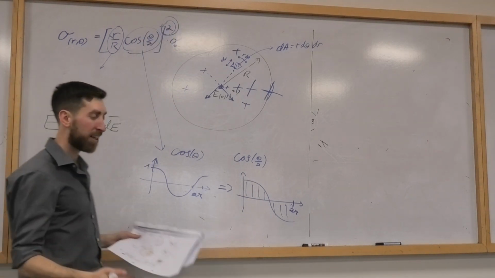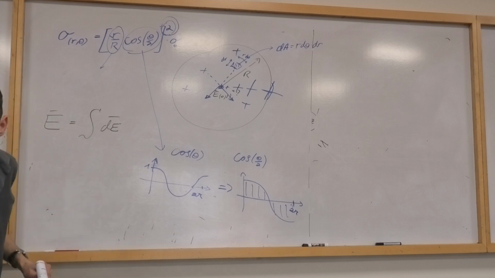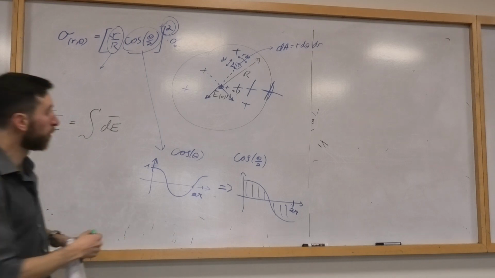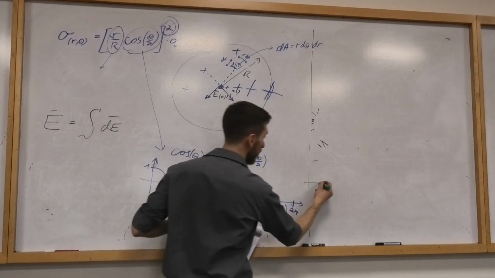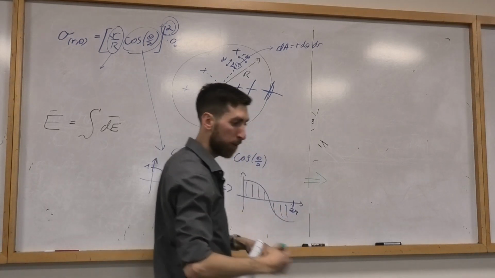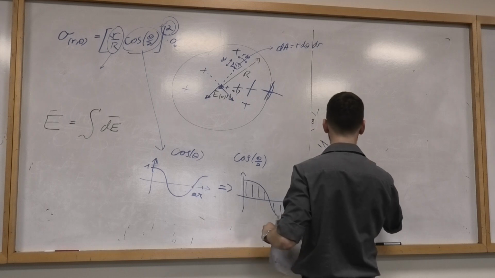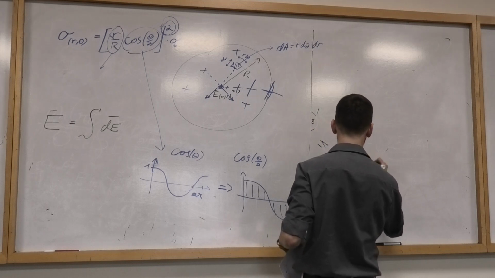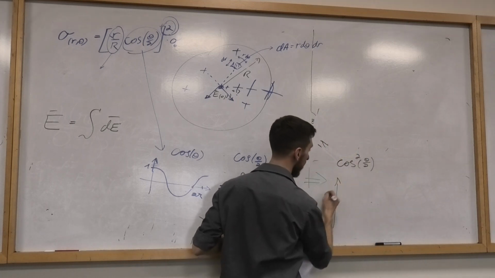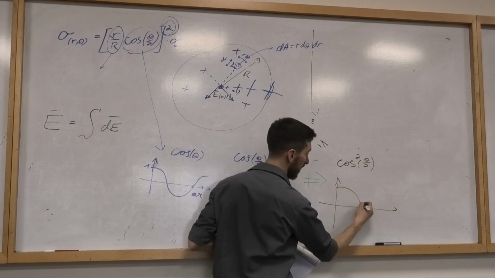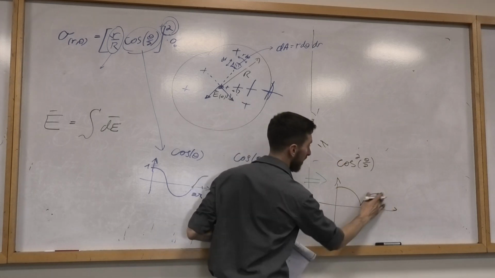So also I see this square thing, right? So what does it mean? That everything is positive, right? So actually, if I also want to do it squared, let's draw it here in other colors. This thing, cosine squared of theta over 2, is actually looking something like an S, right?